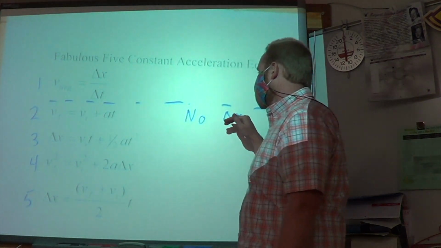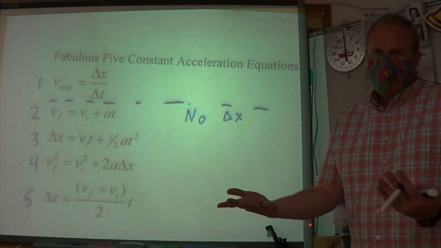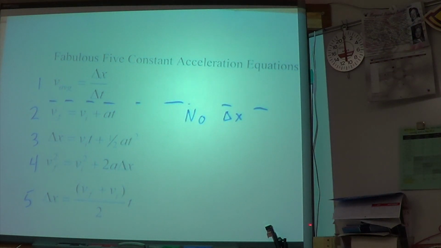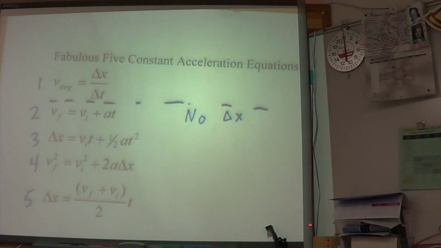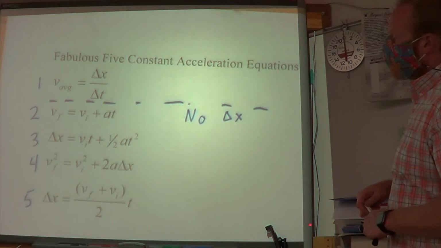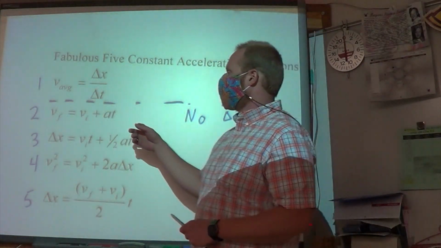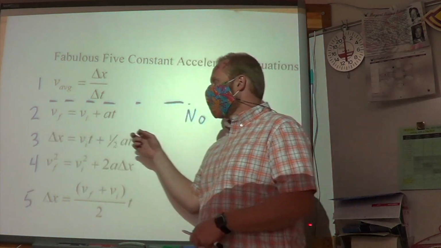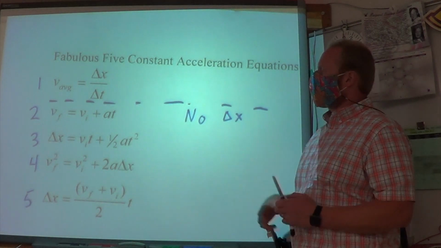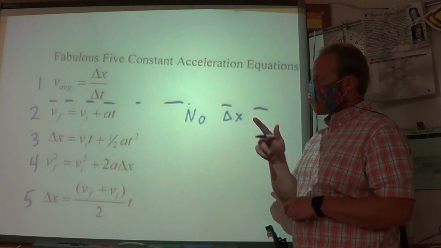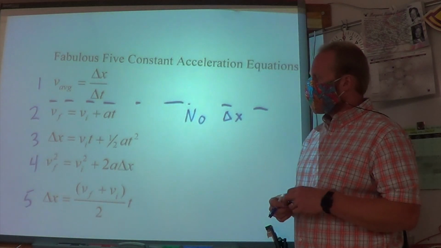So equation 2 does not have a delta x, or a delta y if we're talking vertical, but these are all for the x direction. So there's no delta x, and maybe you want to jot that next to you. I would encourage you to jot that next to equation number 2. Equation number 2 is an equation that we would use if we have this information and we're looking for one of these 4. We don't care about delta x at all. I'll show you what that means in a couple minutes.